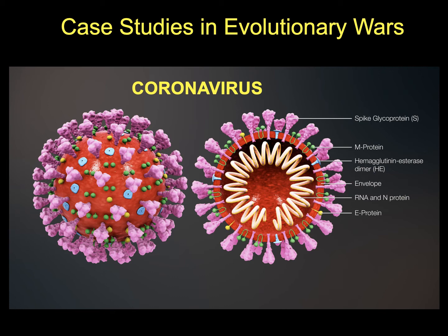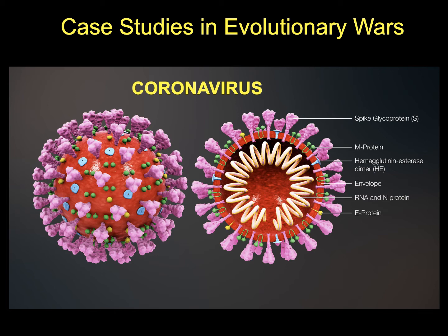This diagram shows the various parts of the virus. Inside you have the RNA genome, so it's a single-stranded RNA. Surrounding that is part of the membrane that it picked up from the host, in this case human membranes. Then there are different proteins embedded in that, and specifically the one that's most important for infection is the spike glycoprotein, which interacts with cell receptors on the human cells.